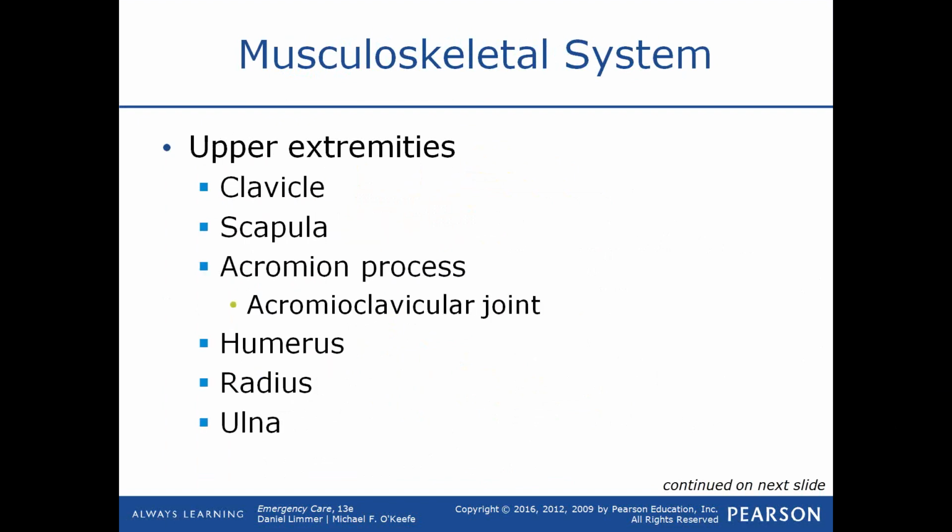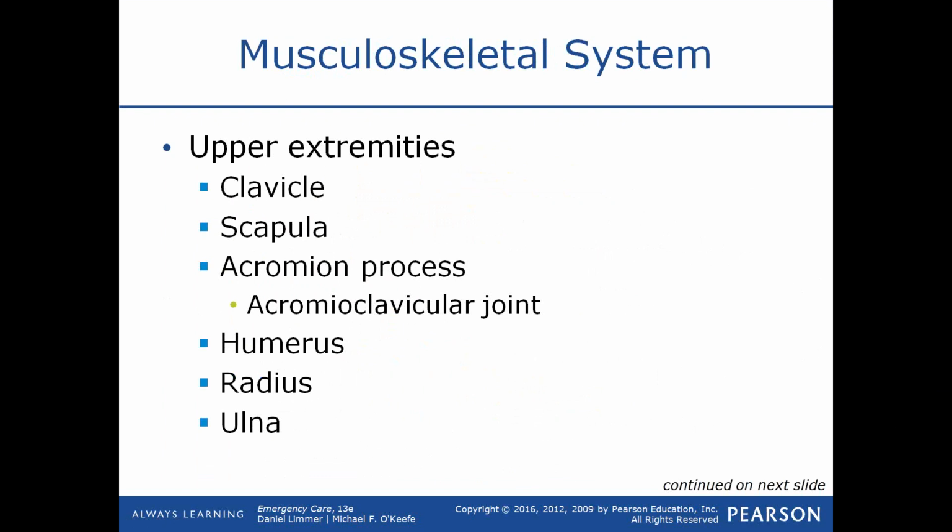Your upper extremities include your clavicles and your scapula, or shoulder blades. Your acromion process is part of your shoulder. The acromion process, along with the clavicle, the scapula, and the head of the humerus, makes up your shoulder joint.